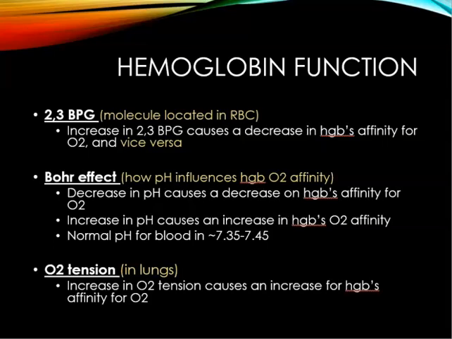So we need to know also the normal pH for blood, and that's usually somewhere between 7.35 and 7.45. So if you have a decrease, the affinity is also going to decrease. If you have an increase, the affinity is also going to increase.